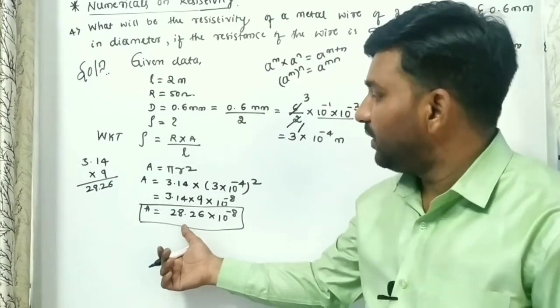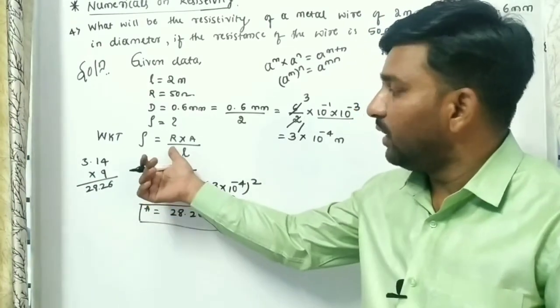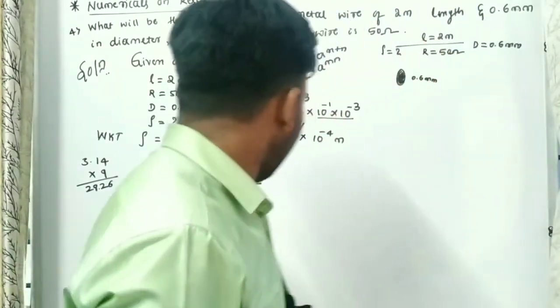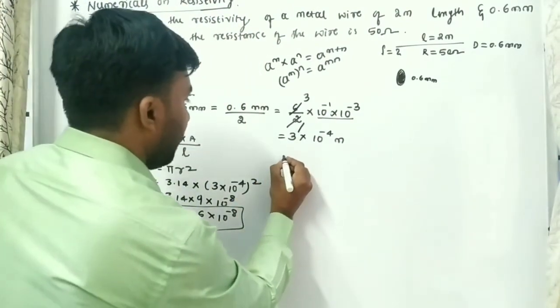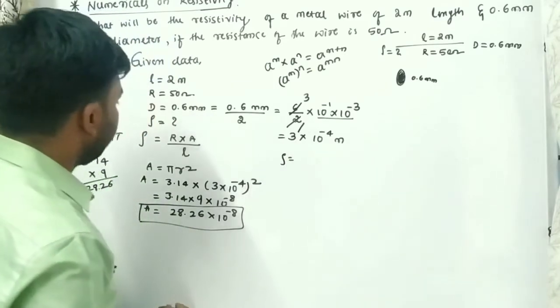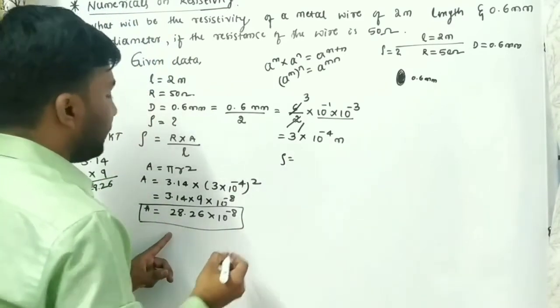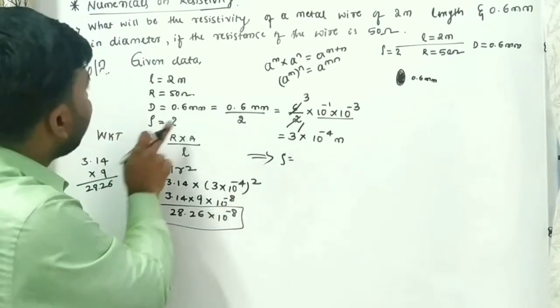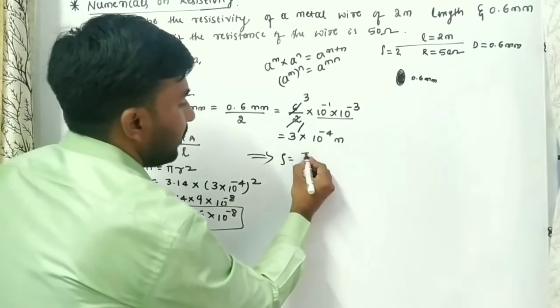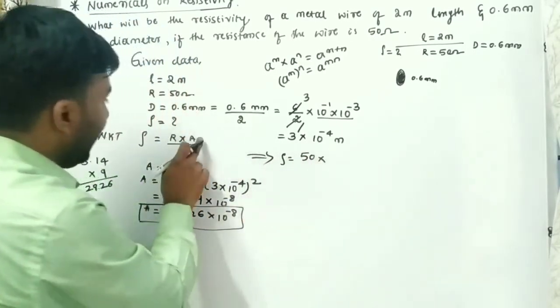Now put this value of area of cross section in the above formula. Now rho is equal to, this implies that rho is equal to, r value is how much? It is 50. A value is how much?